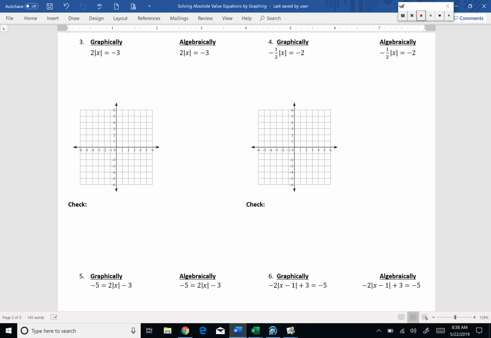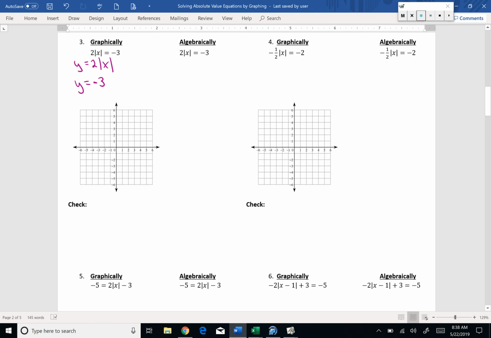So when I take a look at number 3, again, don't worry about the algebraic part. We're just focusing on the graph piece today, because that's what we know how to do. We know how to graph these. So I'm going to take that left side and make it into an equation. I'm going to take the right and make it into an equation.